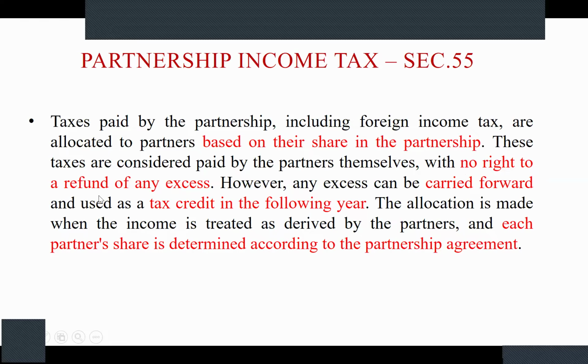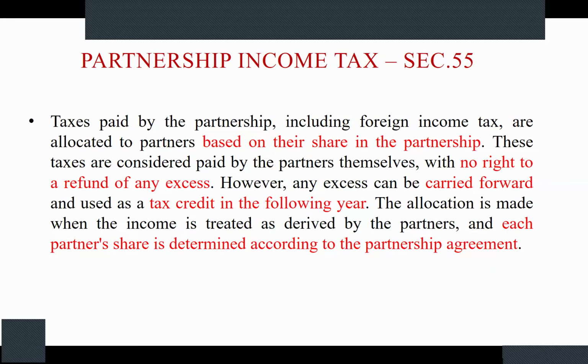So that 200,000 tax can be allocated to the partners, for example, 100,000 to each partner. But when we calculate each partner's tax liability, suppose one partner's tax liability is higher than that 100,000, and the other partner's tax liability is less than 100,000.